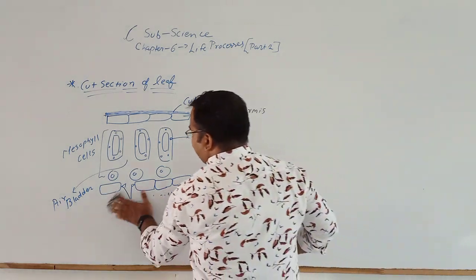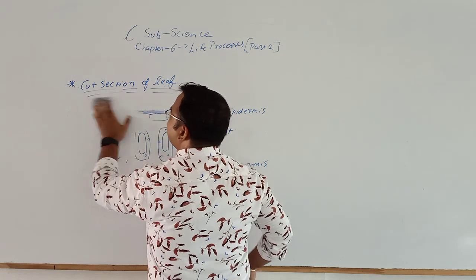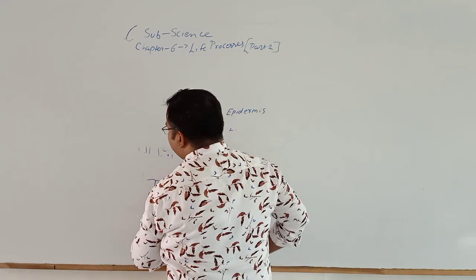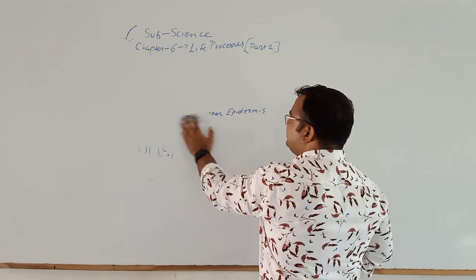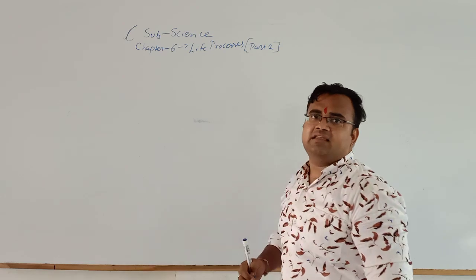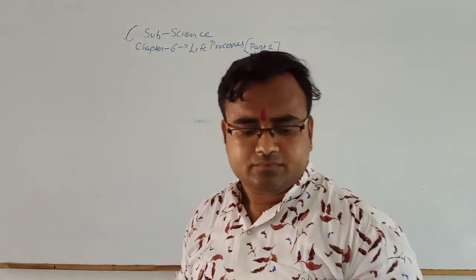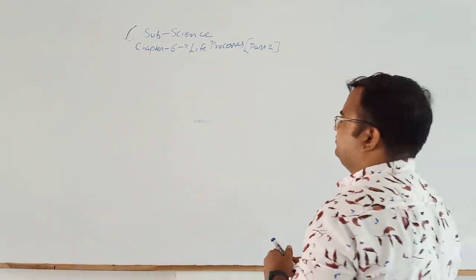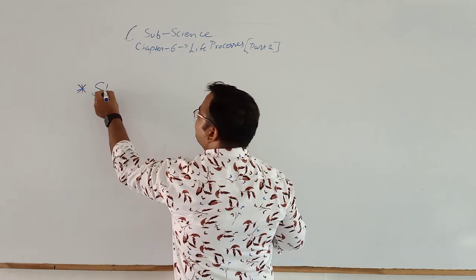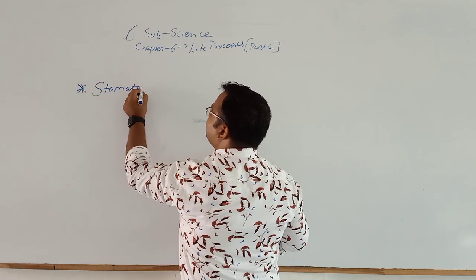Then there is a very important structure on the leaf. That structure is known as stomata. The next topic is stomata.